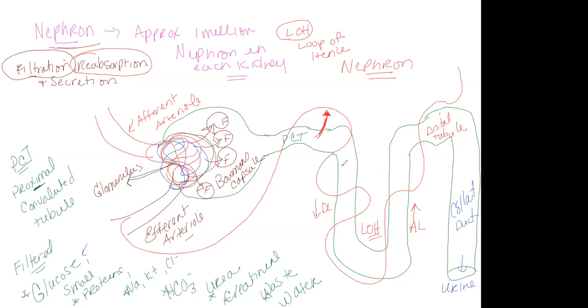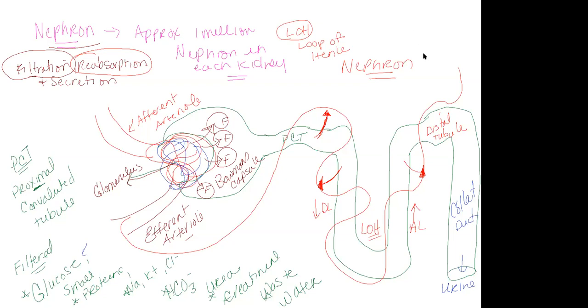We see that happening throughout. We see substances being reabsorbed back into these peritubular capillaries. We're going to talk about all of this, what is reabsorbed and where, and how this all works.